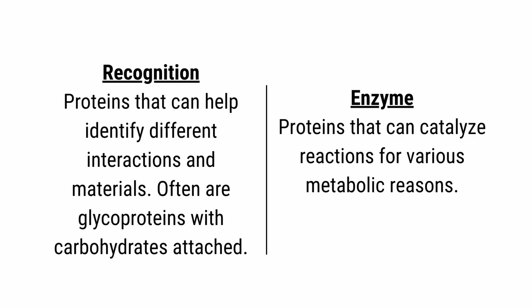And lastly, enzyme. You've probably heard of enzymes before and their function of catalyzing, which means speeding up reactions for various metabolic purposes. An example of this would be the ATP synthase, which can create an energy storage molecule called ATP during cellular respiration and photosynthesis, which you've probably also heard of before.